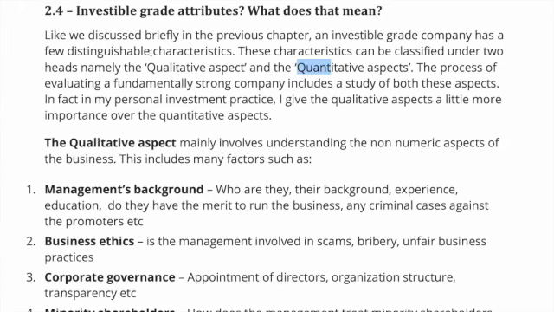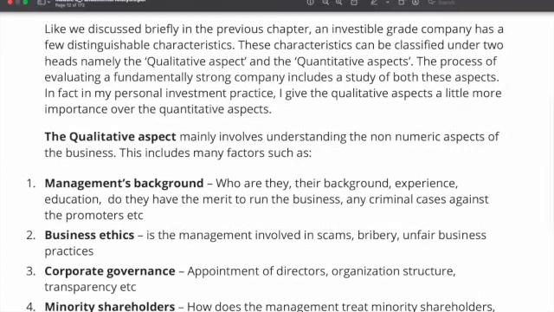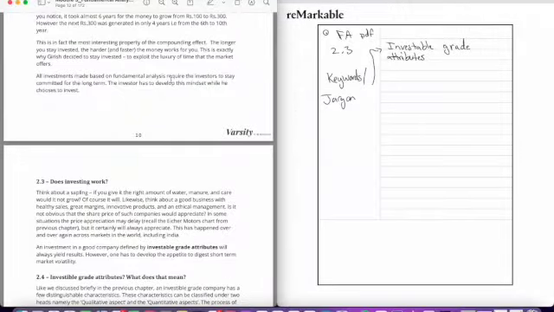So think of quantity, quality. So different aspects. So we can go ahead and write that down. Qualitative, quantitative, and both of these are what? Aspects.